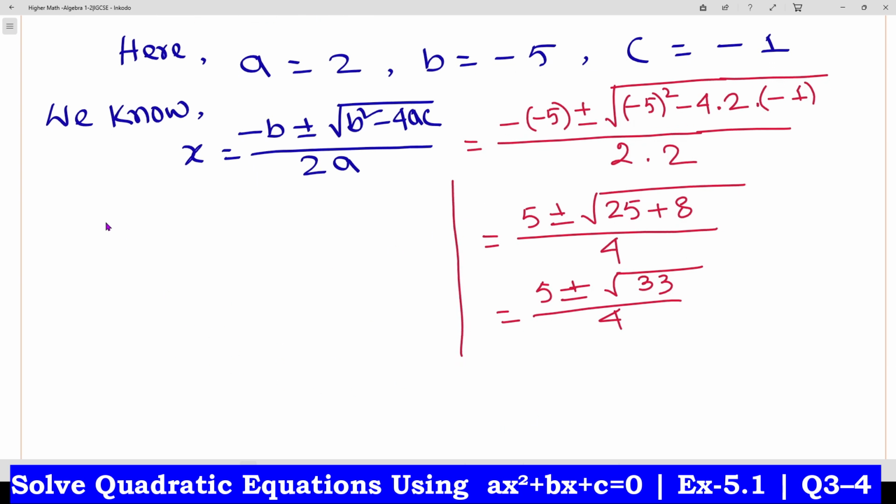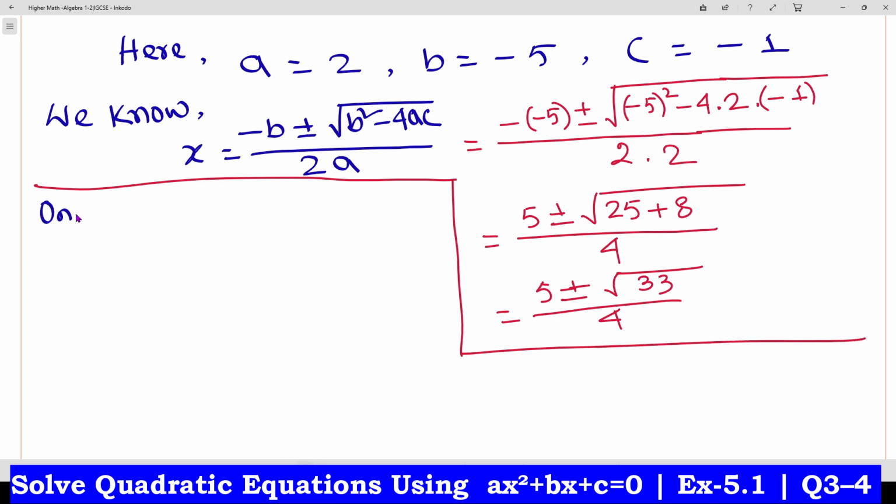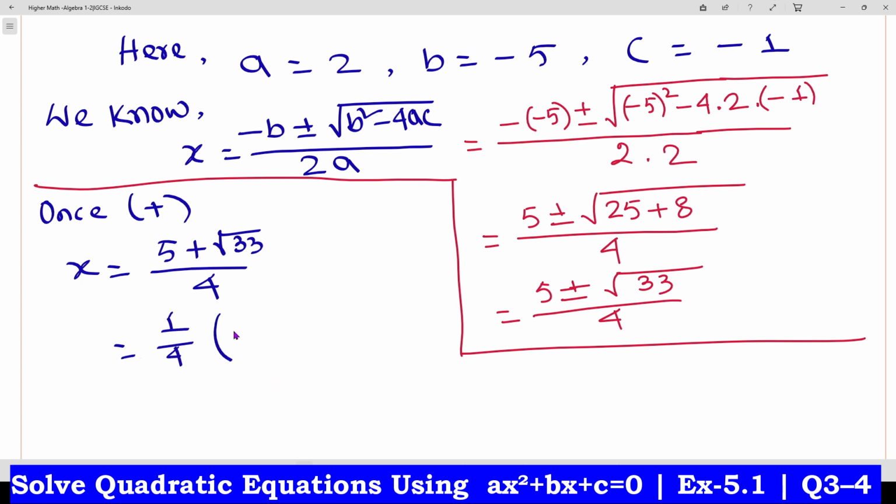So here we have to do something like once positive, then x equals 5 plus root 33 divided by 4. Okay, so this one we can write like 1 by 4 times 5 plus root 33.